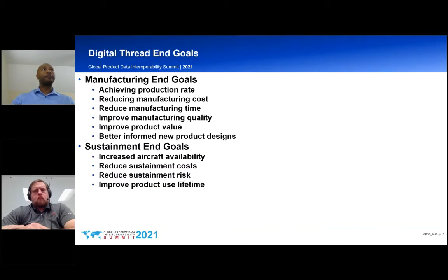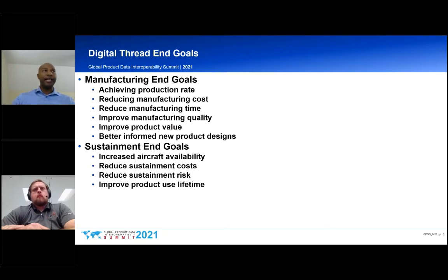So some of the manufacturing end goals are going to be achieving a higher production rate, reducing manufacturing costs, reducing manufacturing time, improving manufacturing quality, as well as improving the product value, because once you have all of this detailed information that the digital thread provides, then that product is more valuable to your customer as well.